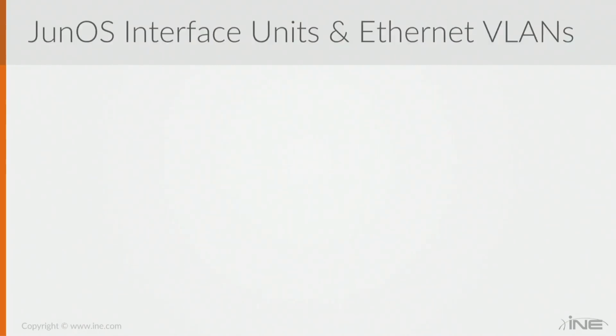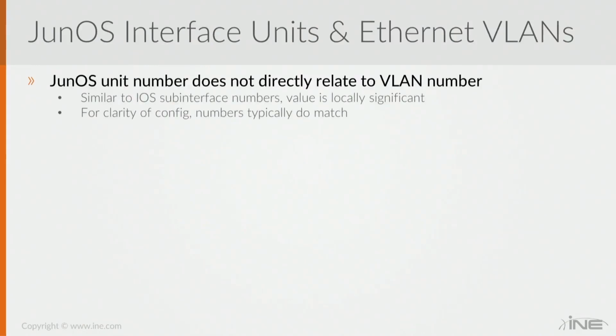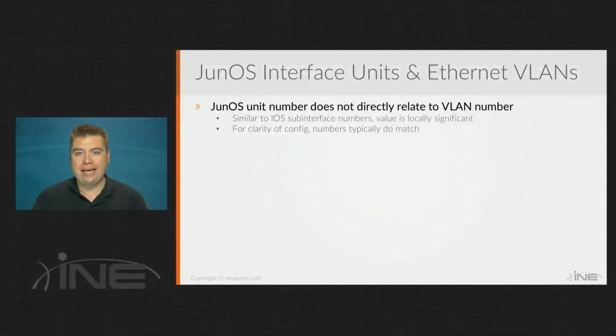When we're dealing with units and Ethernet interfaces, the unit is going to be talking about a specific VLAN, but just like in IOS, the number of the unit doesn't directly relate to the VLAN number. So for example, you could have unit number 10 that is encapsulating VLAN number 20. It's simply a locally significant value that you're binding to the interface.